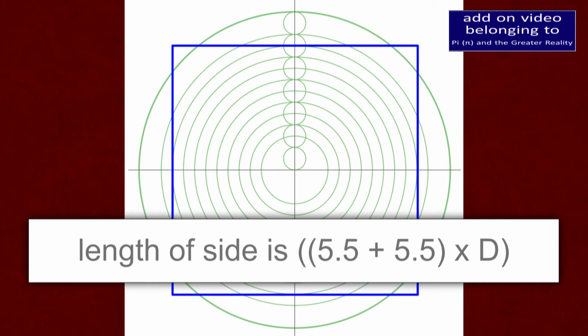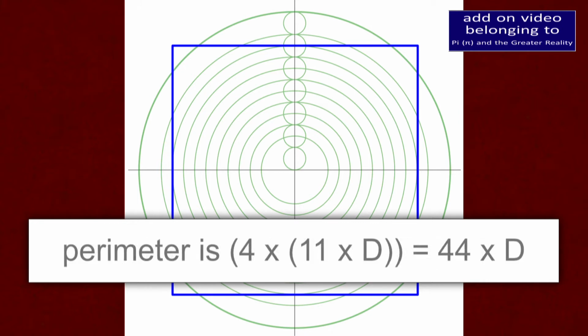The perimeter of the square is 4 times its side, which is, in this case, 4 multiplied by 11 multiplied by d, which is 44 times d.